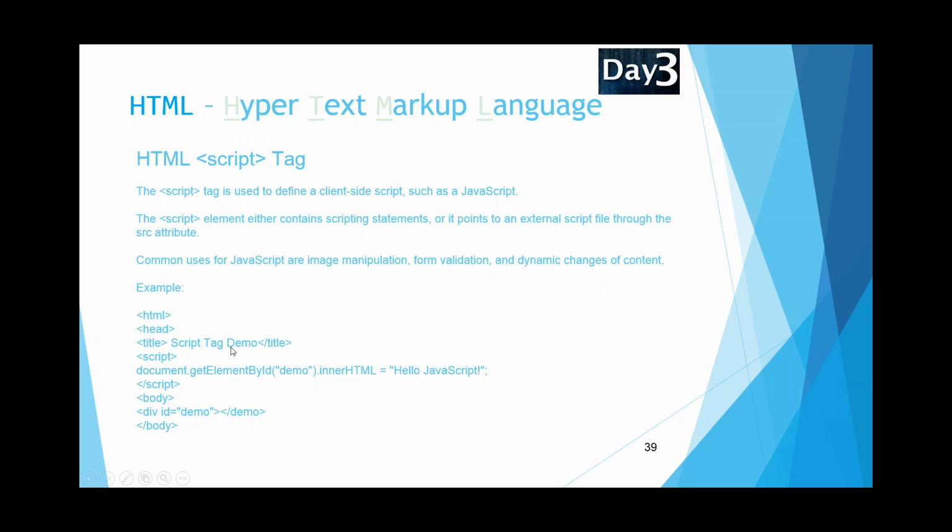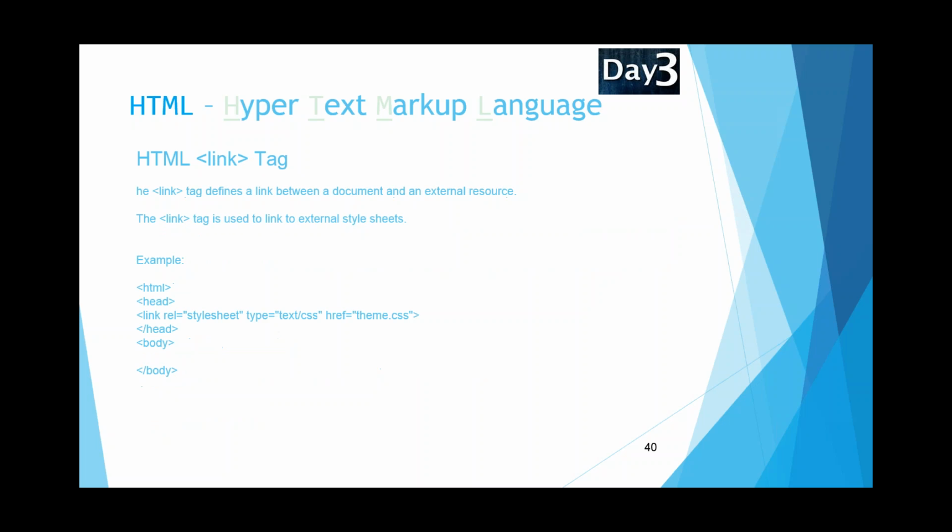You can use javascript libraries or call those methods, but you have to write the code inside the script tag. Okay, so that is the script tag, and we will see it in detail when we move to javascript.